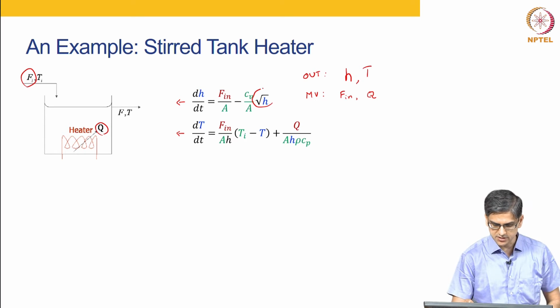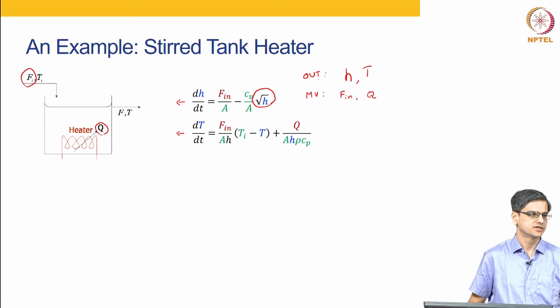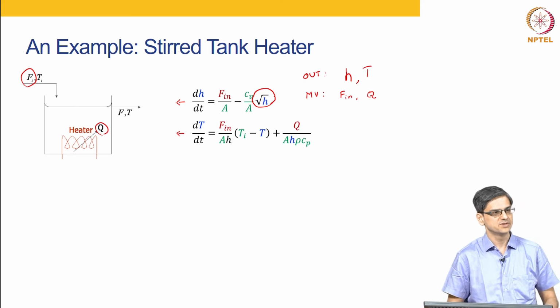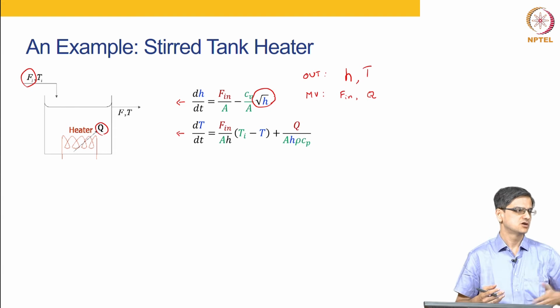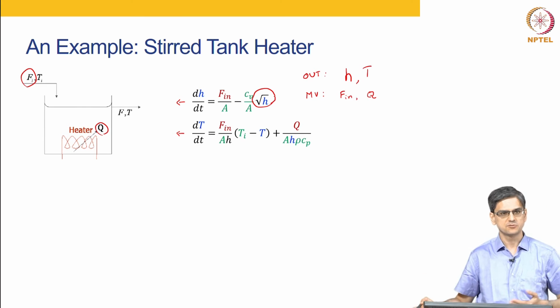Because we are making an assumption, or it's not exactly an assumption, we kind of know based on the behavior of valves that the flow rate is proportional to the square root of the pressure differential. If you look at a valve, the pressure upstream of the valve is rho gh plus atmospheric pressure, and the pressure downstream of the valve is atmospheric pressure.